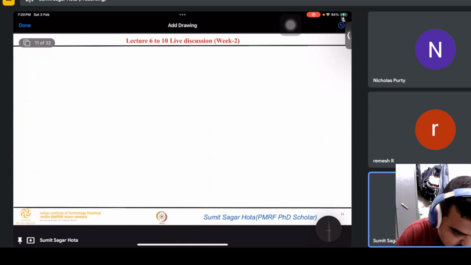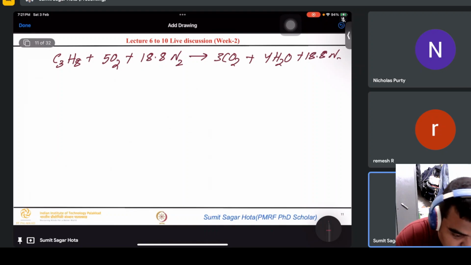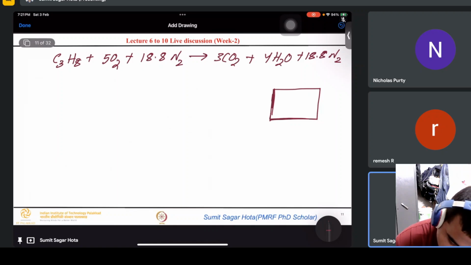Now the modified equation: C3H8 plus 5O2 plus 18.8 N2 going to products. And this is equal to constant.